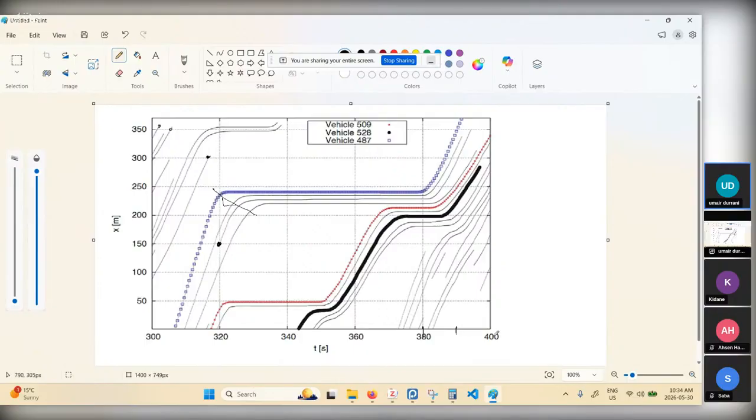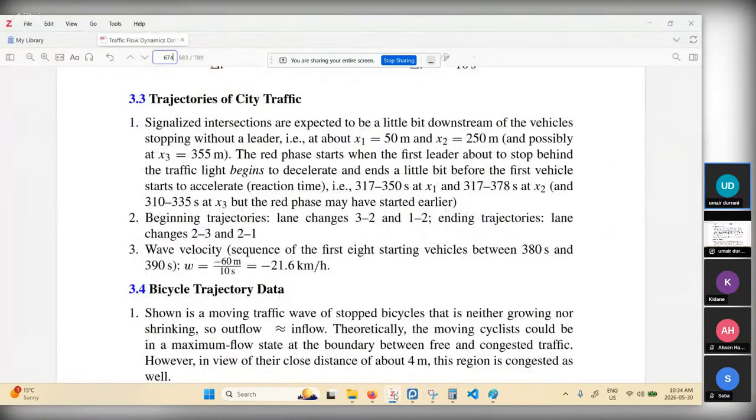So they're likely looking at these. At 380 seconds, we have 1, 2, 3, 4, 5, 6, 7, and 8.